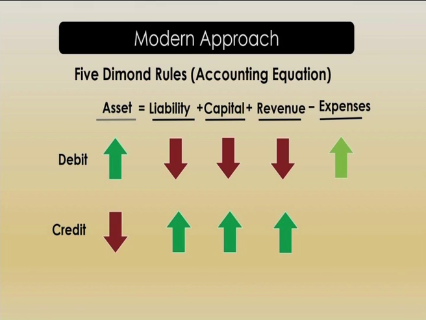And when there is a decrease in asset, it is credited. If you look at the account heads separately, they have the opposite effect. Asset increase is debited, decrease is credited. Liability decrease is debited, and liability increase is credited. Likewise, you can read for all other account heads.